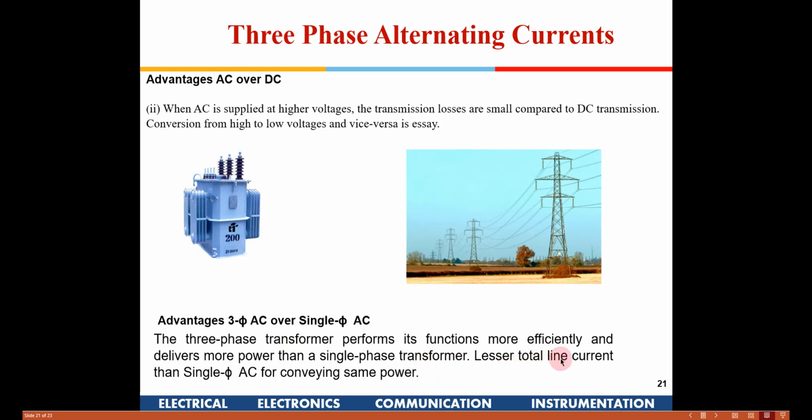And also the total line currents. So we saw that in the neutral line there will be 0 current. So if you have to transmit a certain power from place A to place B, the 3-phase AC system will be more efficient in transferring the same amount of power compared to a single phase system.